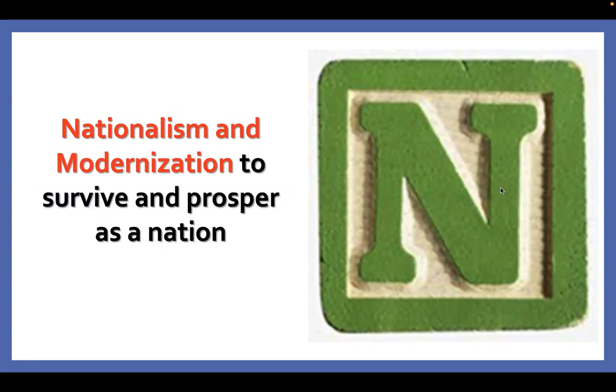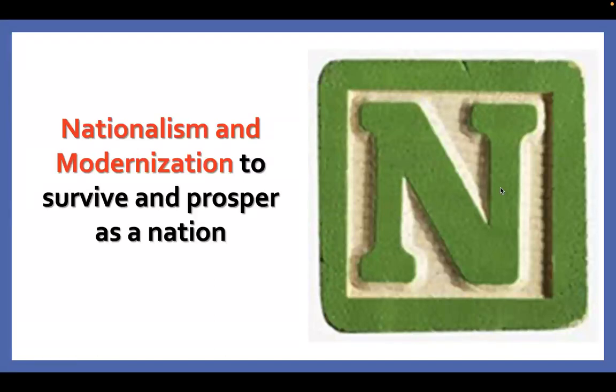But you're beginning to see a lot of the ethnicities, such as those in Latin America, those in other areas of the world, that are going to begin to look to strengthen their own selves through modernization to be able to survive. Remember, this is the age of the survival of the fittest.